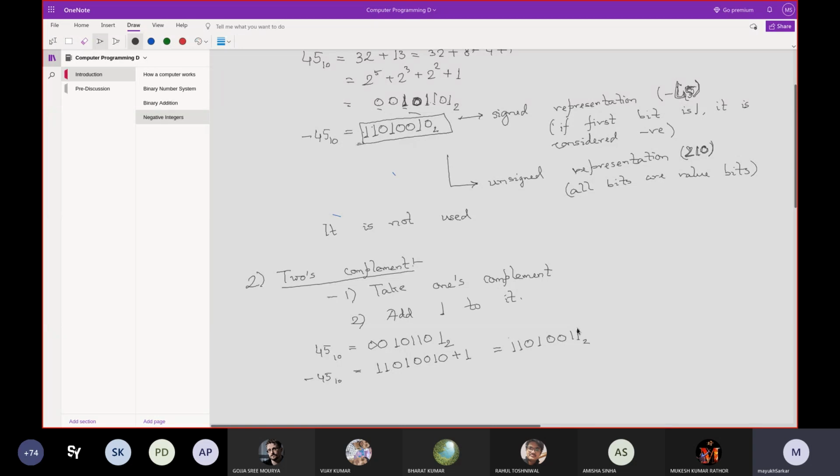So, in that inversion of 45, why had we added 2 zeros in front? That is why we had converted into an 8-bit system. In today's computer system, you can consider it is just customary. There is no particular reason for that. Everything is represented in terms of bytes, and 1 byte is 8 bits.